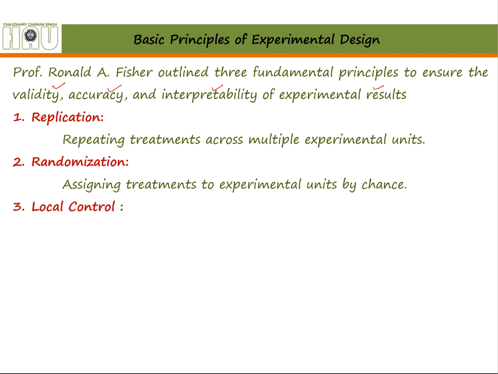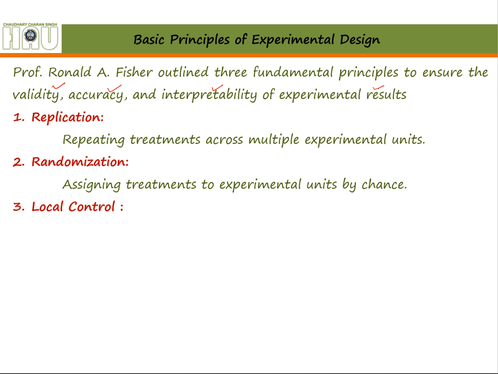Then the third component is very much important, which is local control. Local control means you adopt certain practices by which you can make your experimental material homogeneous. Sometimes in field experiments it is very difficult for us to maintain the homogeneity.